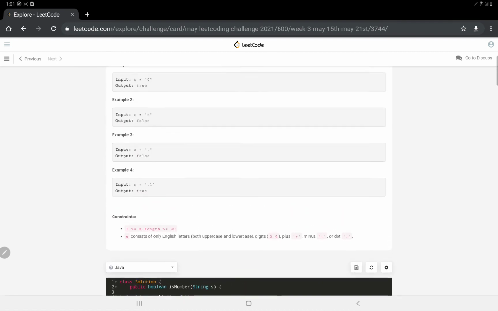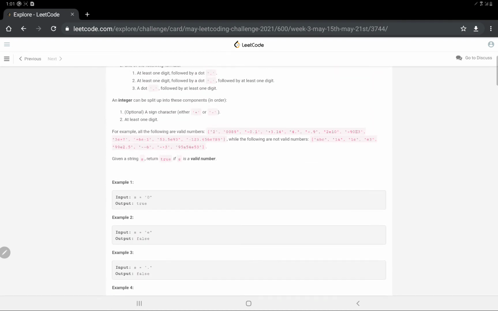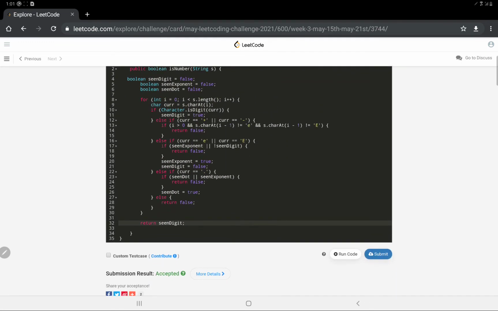After e, plus or minus can be there, but there is no way a dot comes after e. I hope that's clear. And anything else than this, it can be a, b, or any other character apart from that, would simply return false.